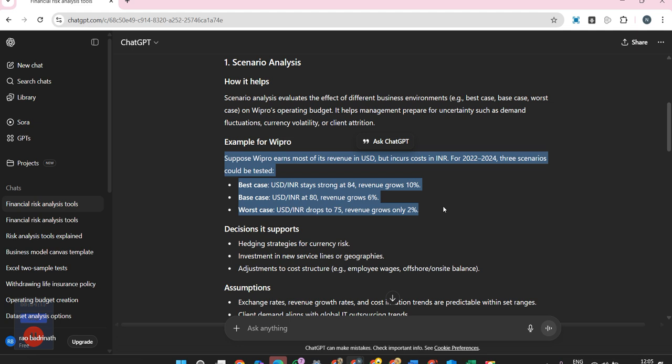Scenario one, scenario two, scenario three, you took. You are not supposed to say best case, base case, worst case. The scenario is, when the USD INR rate is 84.